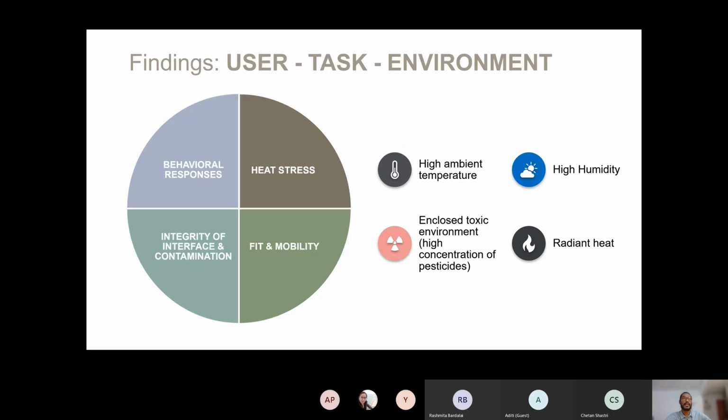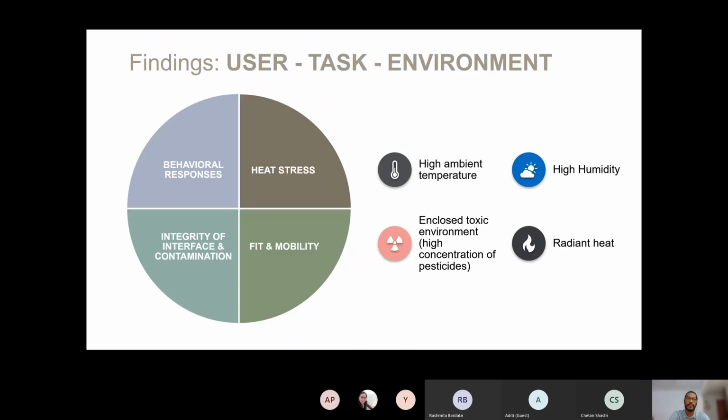The second was the fit and the mobility, which was impaired because of improper design or the material being used for existing coverall design. The third was because of improper coverall sizing and fit, the possible entry points for contamination were where two personal protective equipments met.